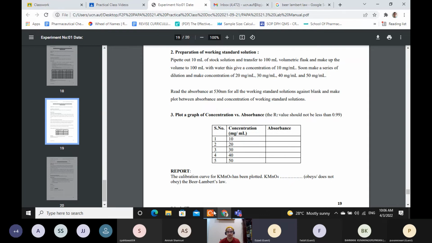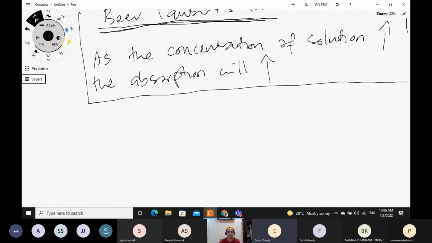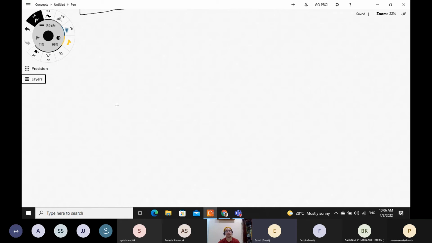If I want to visualize it for you, if we prepare 100 ml.